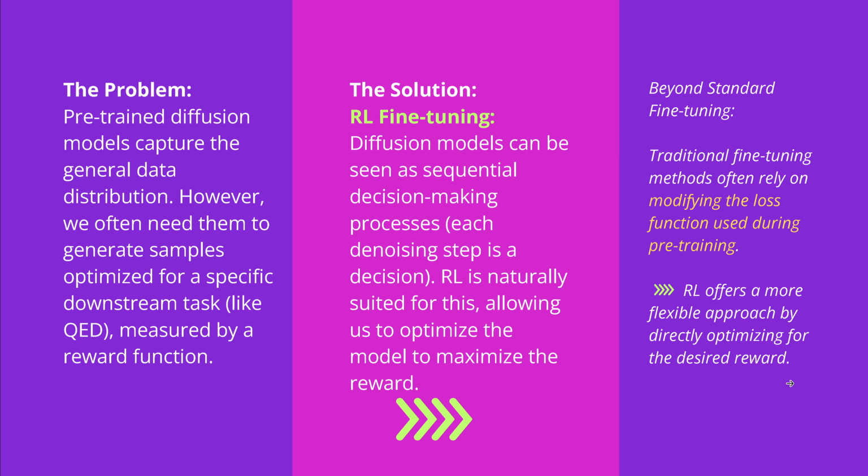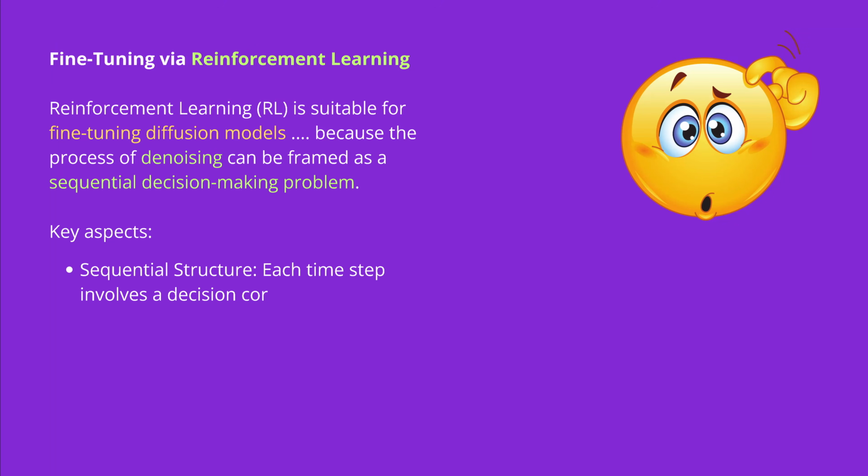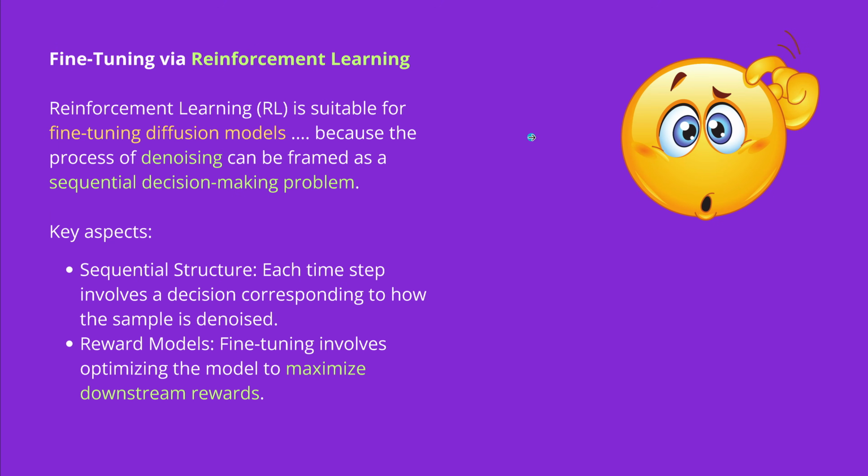And this reward can be complex. So again, fine-tuning via reinforcement learning. Brand new, makes you scratch your head, but yeah, this is now a new thing. Reinforcement learning is suitable for fine-tuning diffusion models because the process of denoising in our diffusion model can be framed as a sequential decision-making problem in mathematics.